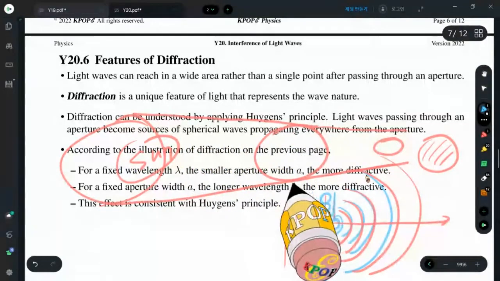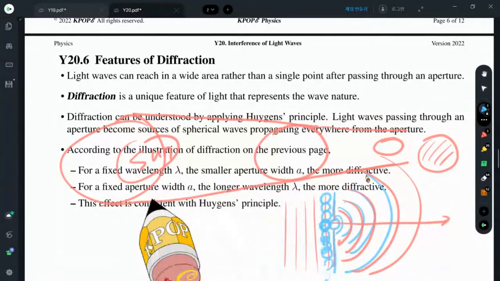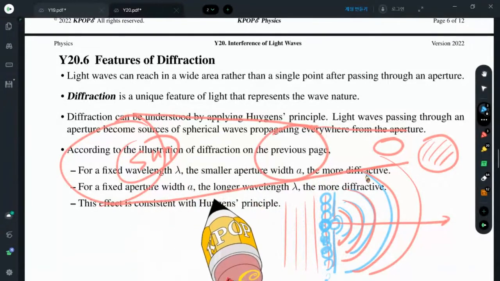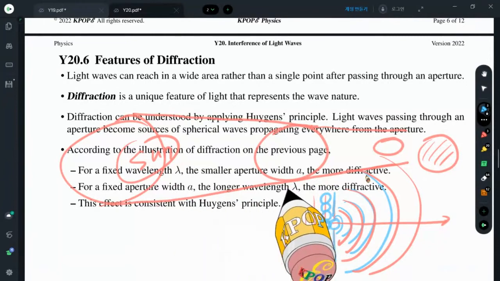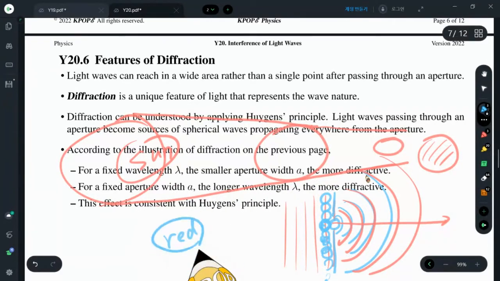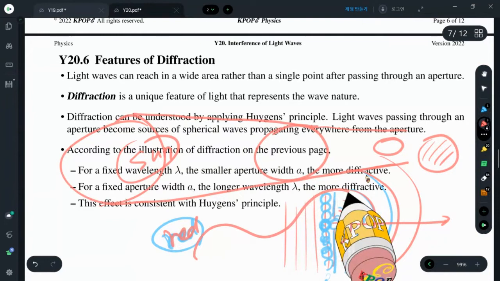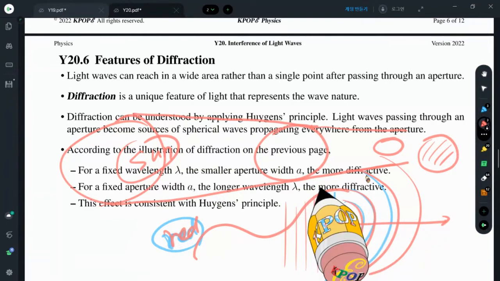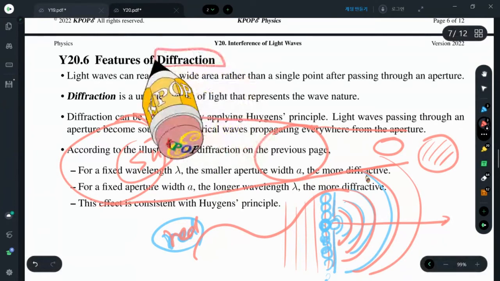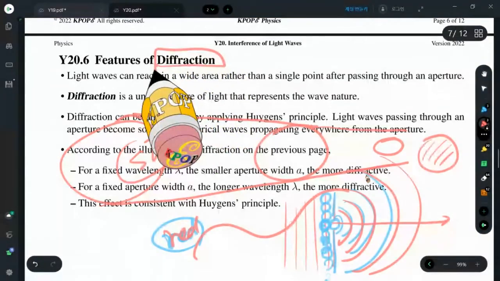However, this white light consists of many spectra. Among them, the red light has the longest wavelength, which has a stronger diffraction property.